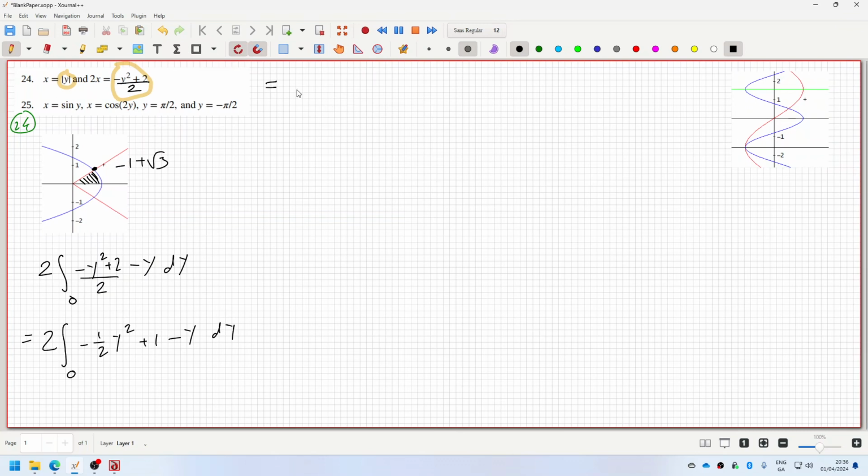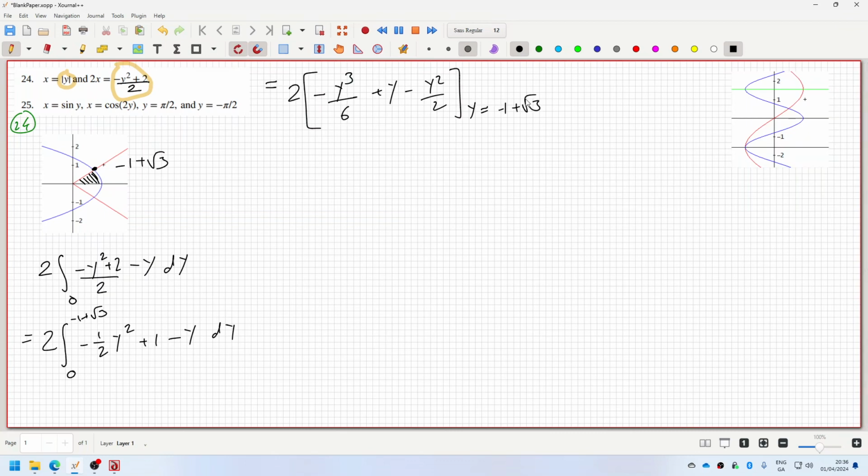So that becomes 2 times the integration, or put in the integral now, minus y cubed over 6 plus y minus y squared over 2. And the 0 is not going to matter, so just at y equal to minus 1 plus root 3.